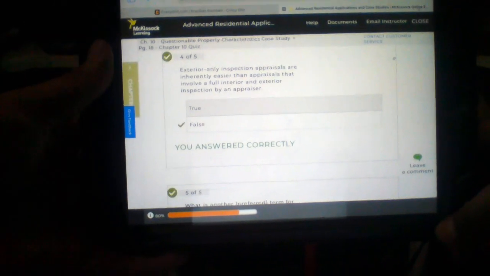Number 4, exterior-only inspection appraisals are inherently easier than appraisals that involve a full interior and exterior inspection by an appraiser. True or false? You said false, and that was correct. That was one of the big takeaways from this last chapter.